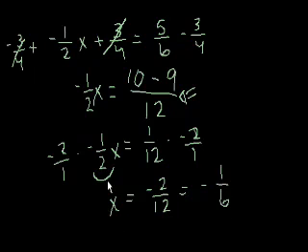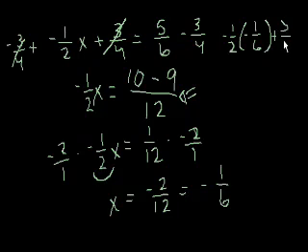Well, let's check that just to make sure we got it right. Okay, so let's try to remember that. Minus 1 over 6, and so the original problem was minus 1/2 x, so here we can substitute the minus 1 over 6, plus 3/4. I just wrote only the left-hand side of the original problem.